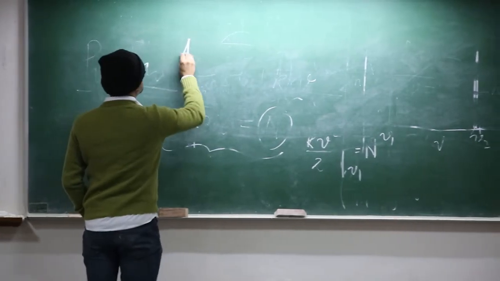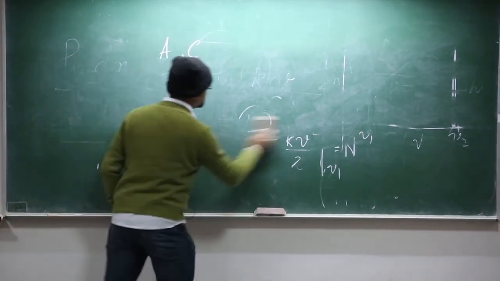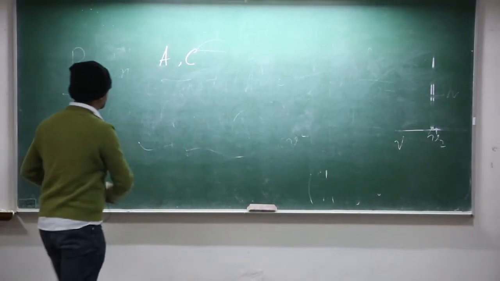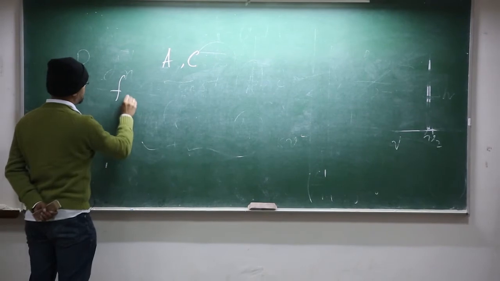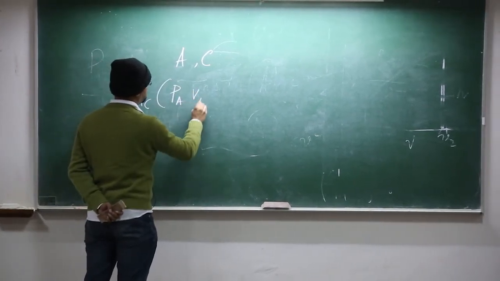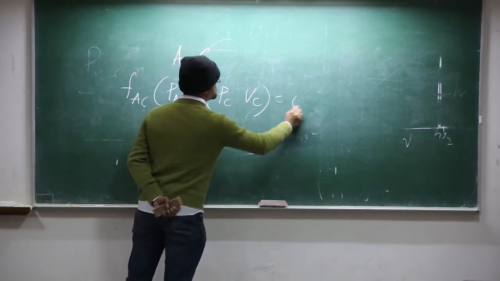So A and C are in thermal equilibrium, system A and C. So from there you immediately have that there is some function FAC(PA, VA, PC, VC) equals 0.